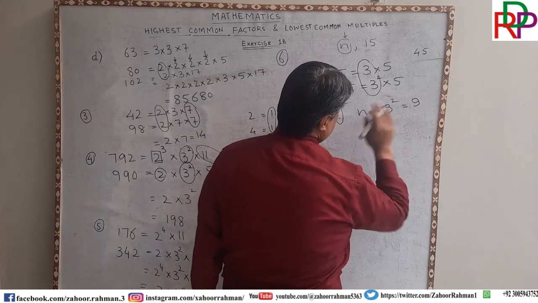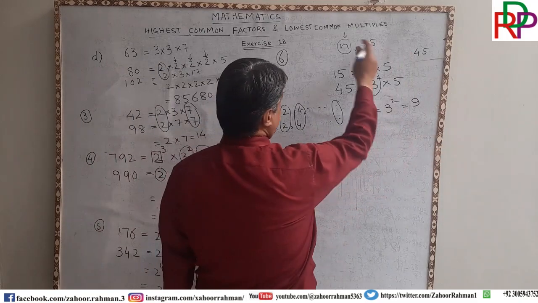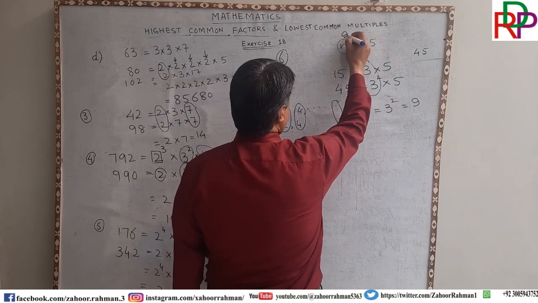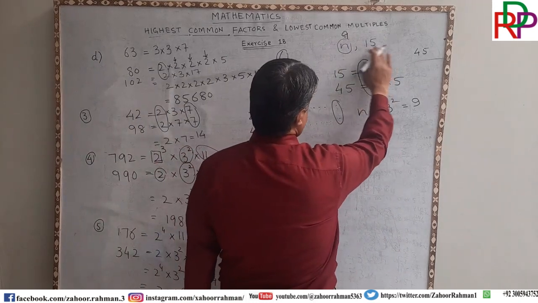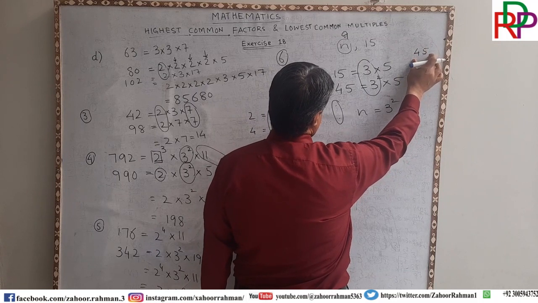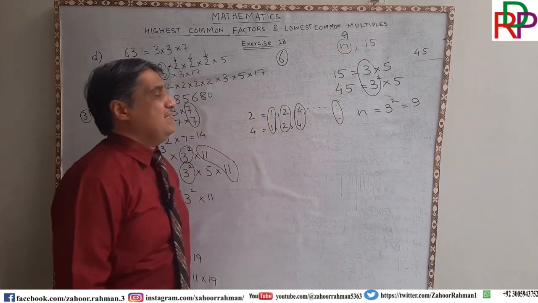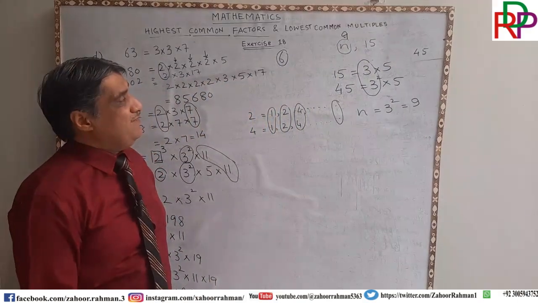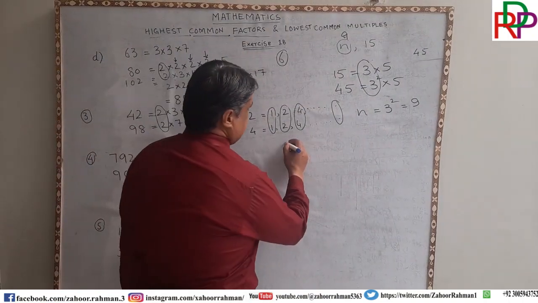So it means that the value of n is 9. Now let me explain it. If we take the LCM of 9 and 15, then it will become 45, because 45 is the smallest number which is divisible by both 9 and 15. 9 fives are 45 and 15 threes are 45. So 9 is the correct answer.